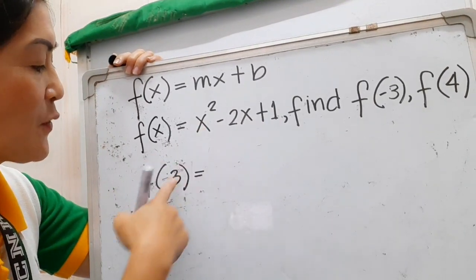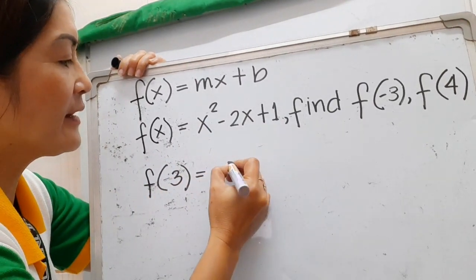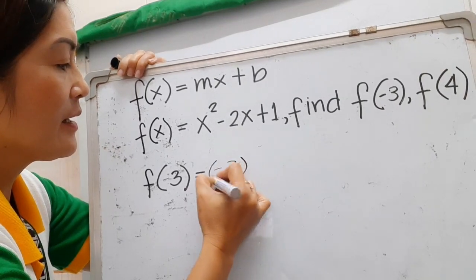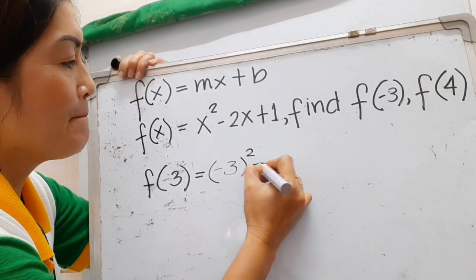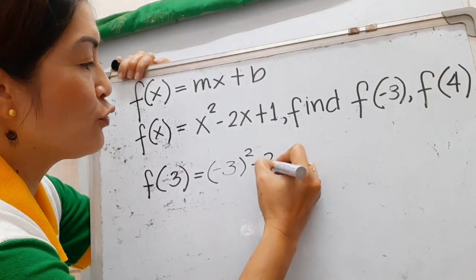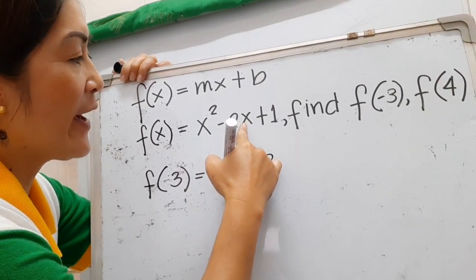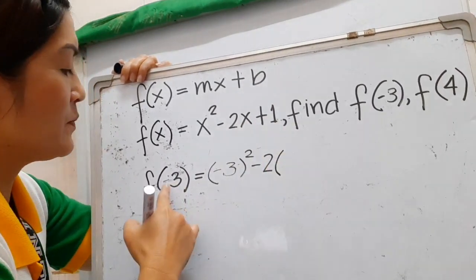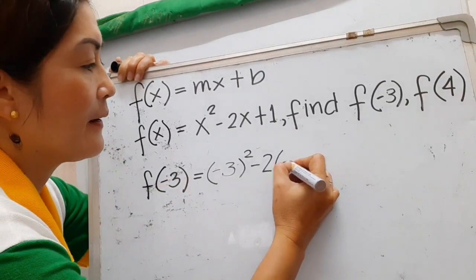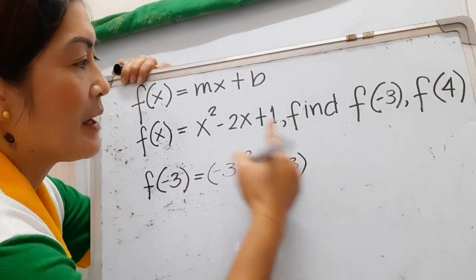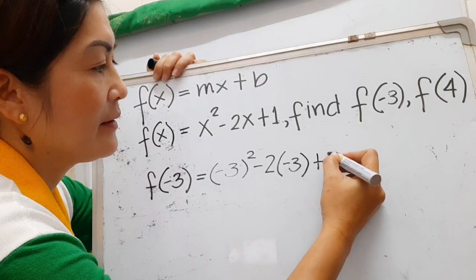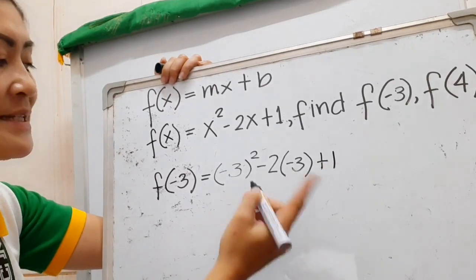So our x will become negative 3 squared minus, copy, negative 2, the value of x, substitute it by negative 3, plus 1, copy there, simplify.